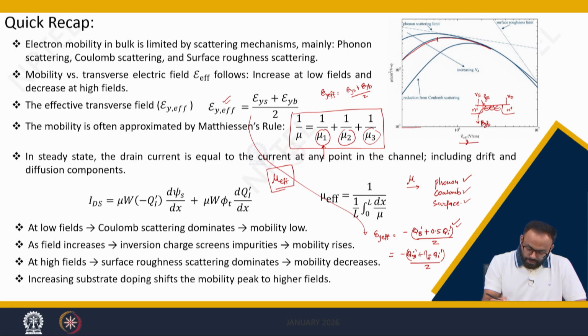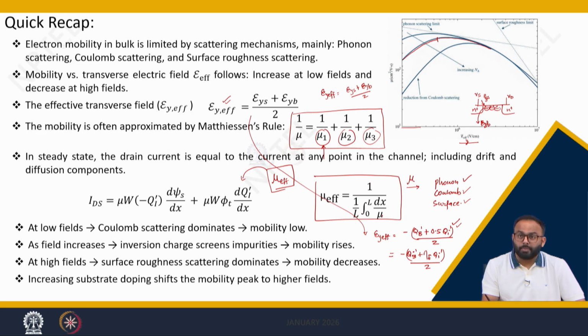By doing some simple math, we calculated that mu effective equals 1 over (1 by L times the integral from 0 to L of dx by mu), considering that when charge flows between source and drain from 0 to L, the mobility is also affected along L. That is where the dx term comes into the picture.